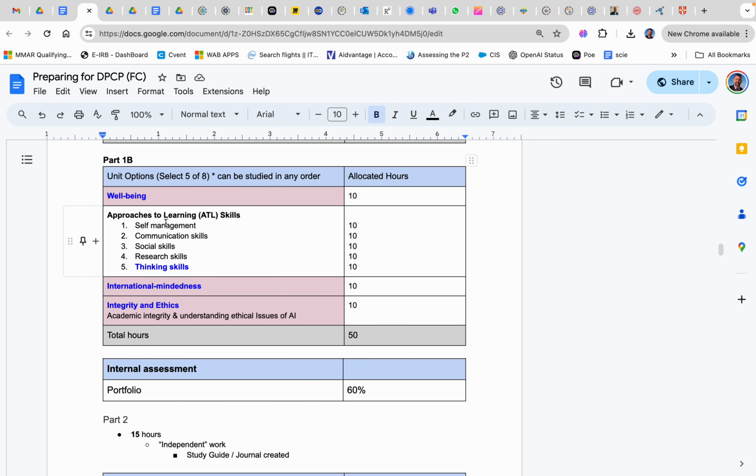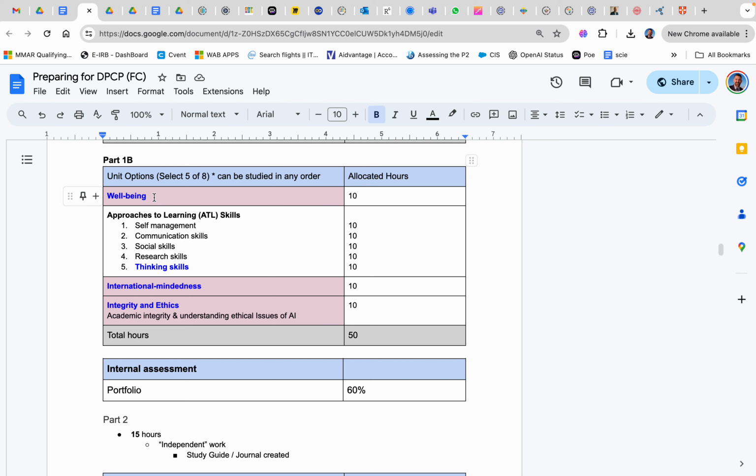Part 1B is basically just a table showing the different options of those 8 units that students would select either by themselves or with the guidance of a mentor, or perhaps a school recognized that it wanted students to focus on well-being or international mindedness or integrity and ethics.